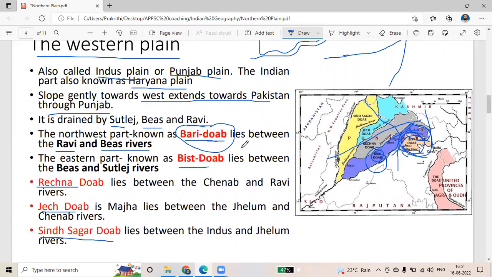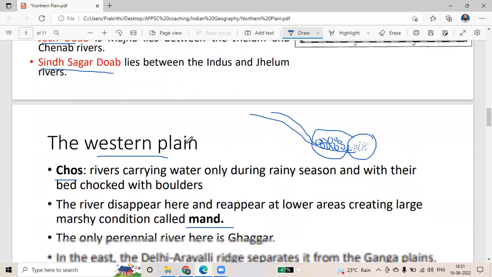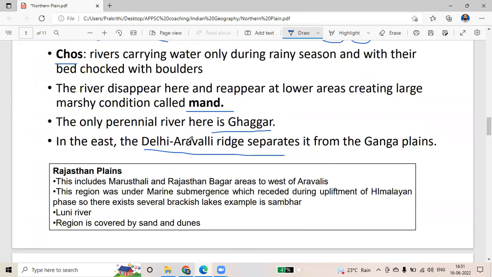Along with this, there is one more thing I said. Other than Punjab and Haryana, we have the Rajasthan plain also, which is known as the Rajasthan Marusthal. The Rajasthan plain region includes Marusthali, that is desert, and the Rajasthan Bagar areas to the west of the Aravallis.